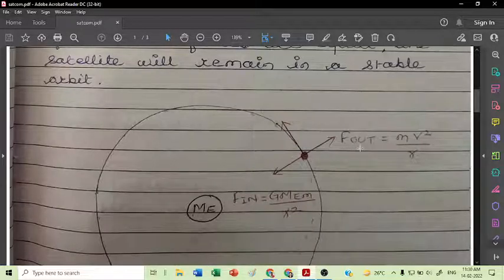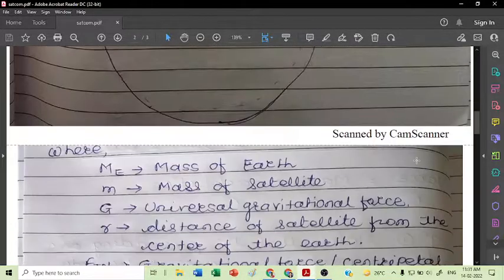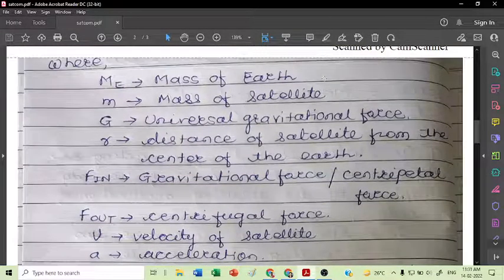Due to this centrifugal force, the satellite will fling into the higher orbit, and due to this centripetal or gravitational force, the satellite will be pulled towards the earth. Now the formula for F in is G Me m upon r square, and F out is equal to m v square upon r, where Me is mass of earth, small m is the mass of satellite, G is the universal gravitational constant, r is the distance of satellite from the center of the earth.